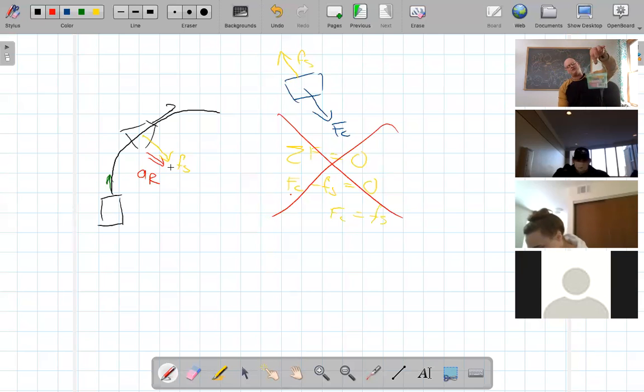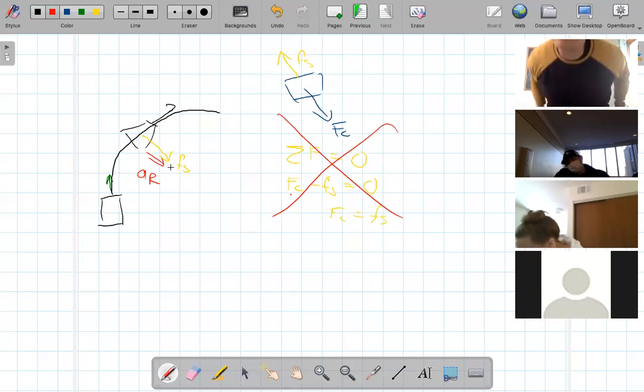And here, if I was holding on to this part, if I was asking you about the bucket itself, you could say tension or my hand, whatever is causing the force here. If it's the moon going around the earth, it's the gravitational force. If it is an electron orbiting a proton, it is the electrical force. So there's always some sort of physical force which is acting as the centripetal force.